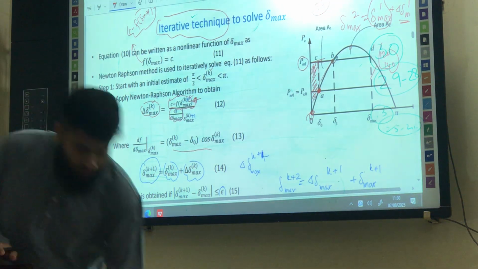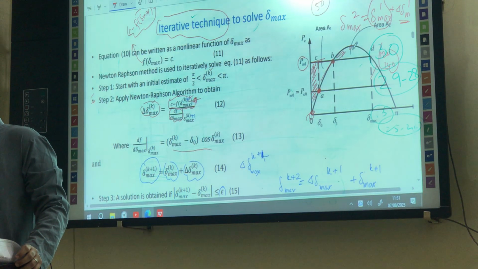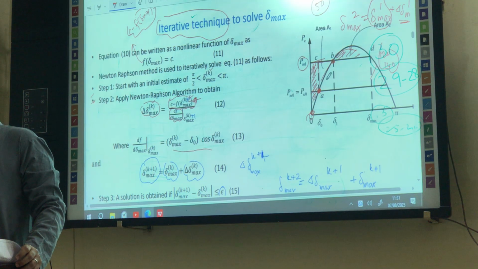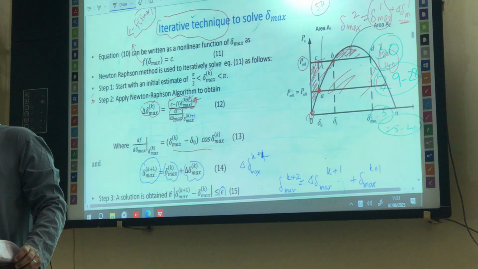Actually, only this area, where the curve of P will be on the upside of this PM1, that is your deceleration area. Other areas, all this area will be acceleration. Only this and this area will be your deceleration.